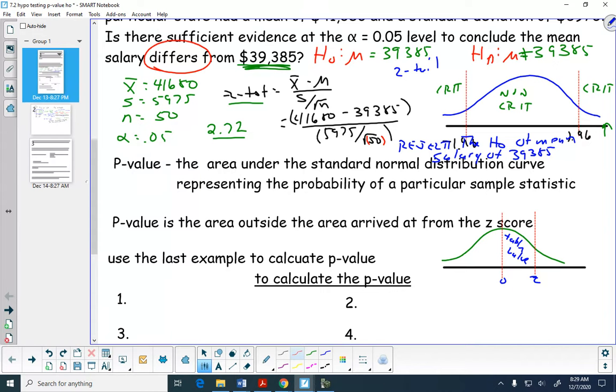It was the area between 0 and a z-score. What the p-value is, we've calculated with this, we just never called it the p-value. This area outside the area that we came up with respect to our z-value is the p-value.